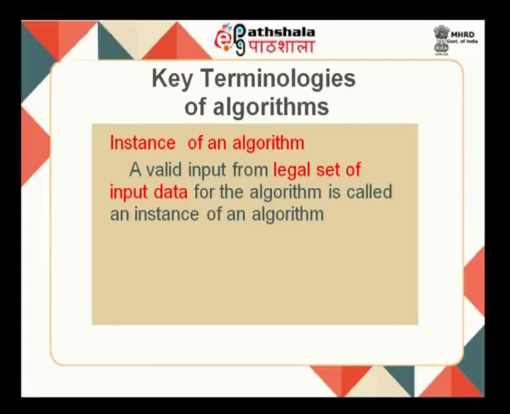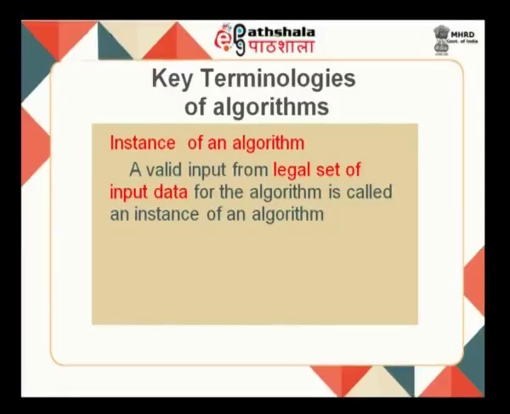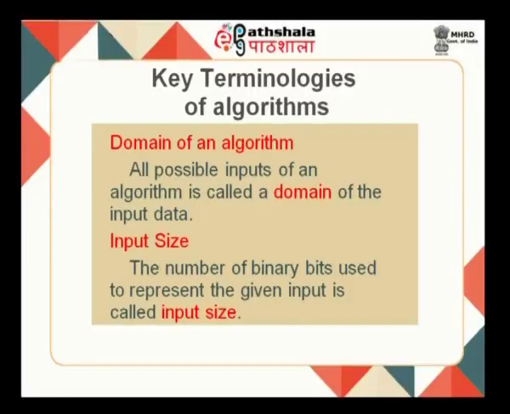If we give an array of numbers, we can call that an instance of this problem. All possible inputs are said to form a domain. For example, for a primality testing algorithm, all valid numbers can be called the domain of this algorithm.